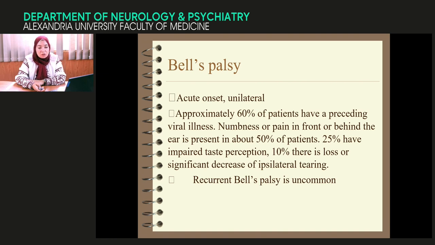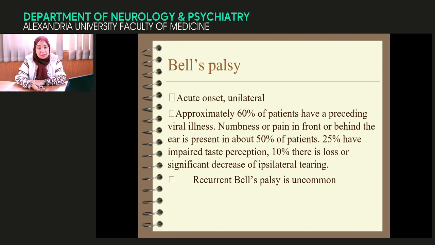Numbness or pain in front of or behind the ear is present in about 50% of patients. About 25% may have impaired taste perception, as we said, of the anterior two-thirds of the tongue. About 10% have a significant decrease of ipsilateral tearing, a decrease of lacrimation.